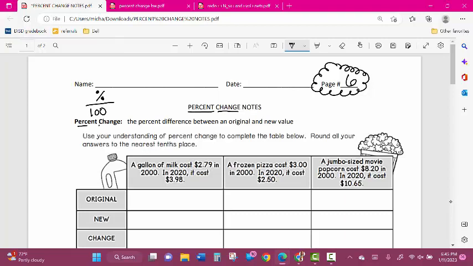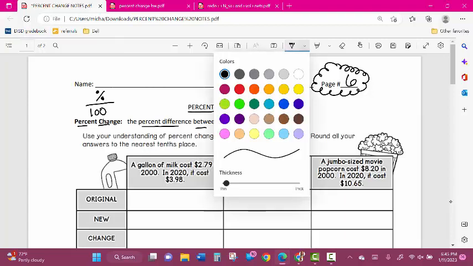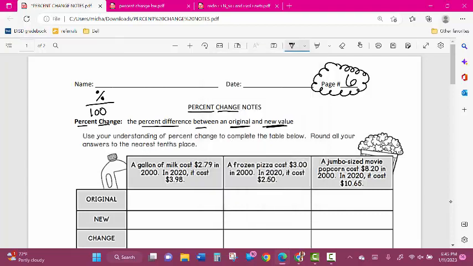So a percent change is the percent difference between an original value and a new value. Now this is always compared to the original. Compared to the original price, or sorry, the original value. I'm going to write OG for original because I'm too lazy to write it all out.